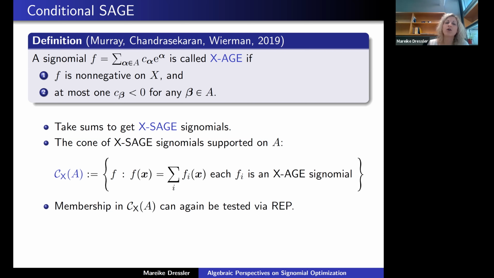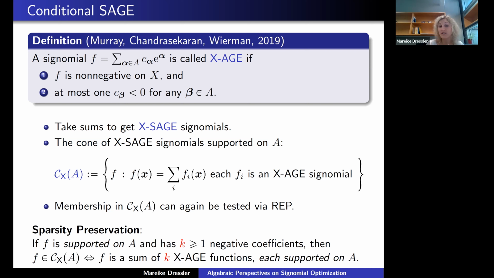The set of X-SAGE signomials supported on a specific set A forms, again, a nice geometric object, namely a convex cone, and we denote it with C_X of A. Like in the non-conditional case, membership in this cone can be tested by relative entropy programming. A very nice property of X-SAGE and also SAGE is that it preserves sparsity.